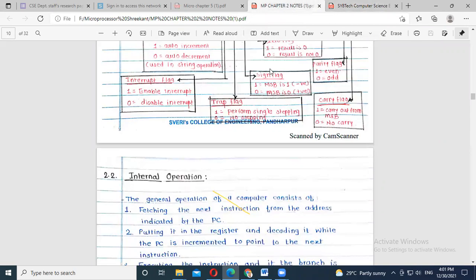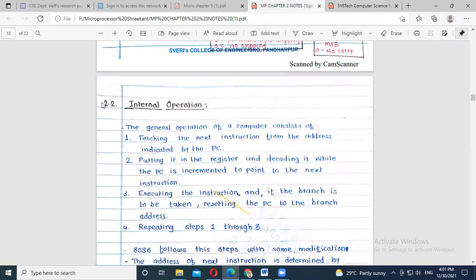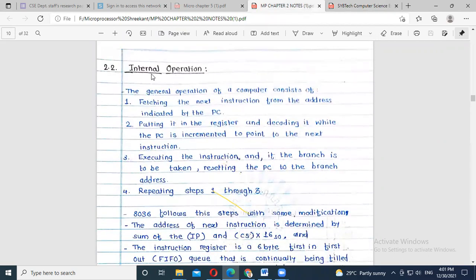For that, come to my notes, internal operations of 8086. In this, firstly, I have to make four main points. At first, we have to fetch the next instruction from the address indicated by the program counter.